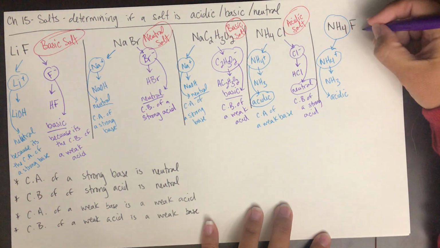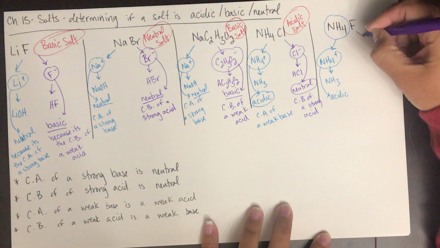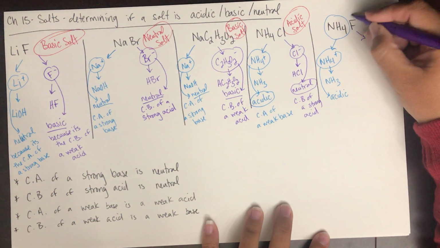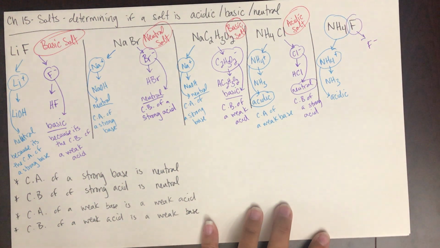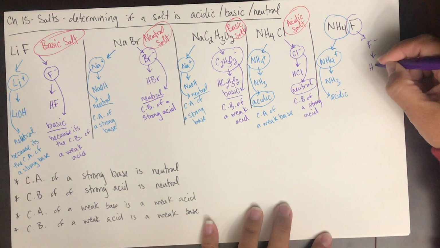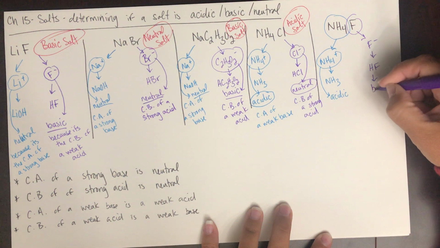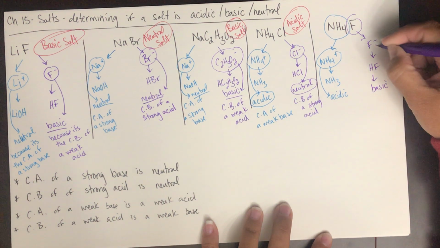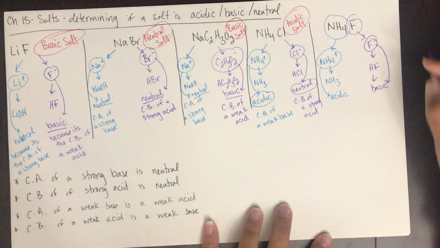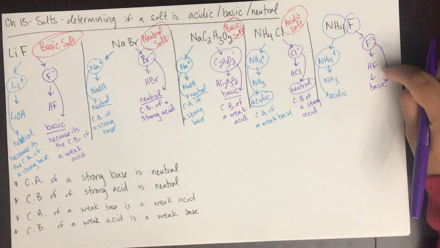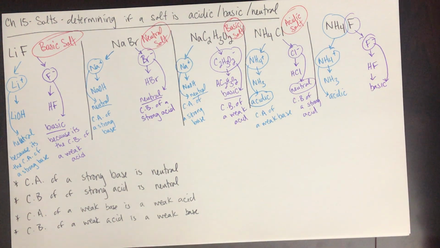Now let's look at the fluoride ion. The fluoride ion comes from the weak acid, hydrofluoric acid, which makes it basic. The fluoride ion is basic because it is the conjugate of a weak acid.